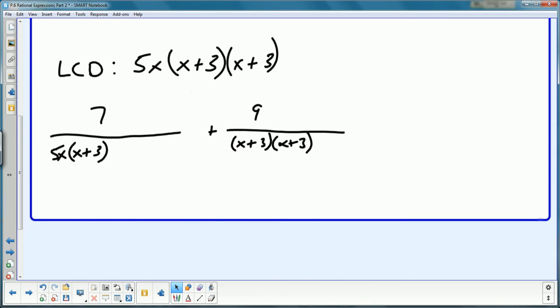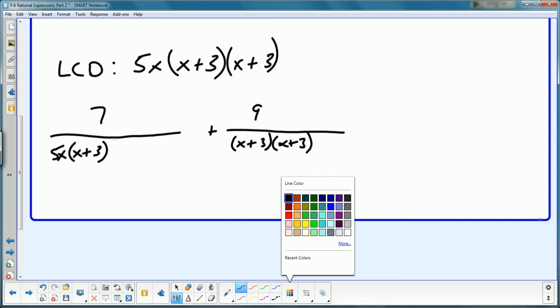Remember we just found our LCD, so we need to add to each one of these fractions the pieces we don't have from that LCD. On this first one, what we need is another x plus 3.